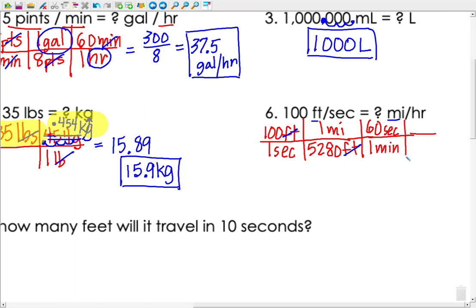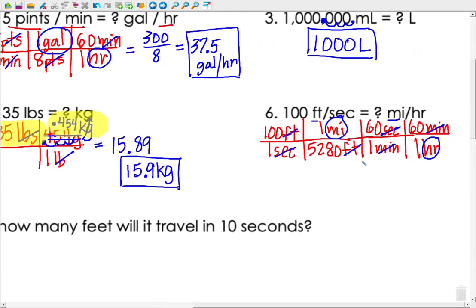And this will get rid of my seconds. And now I want to write 60 minutes is in 1 hour to get rid of my minutes. This leaves me with miles per hour, which is what I want.